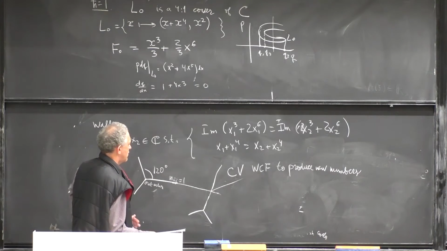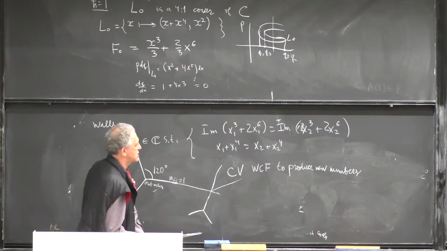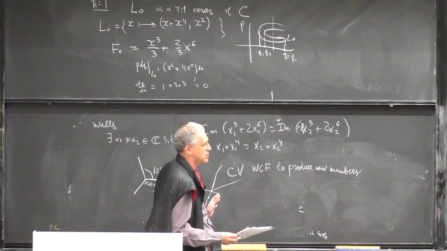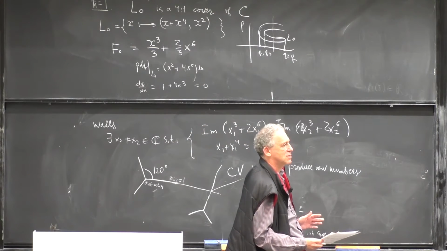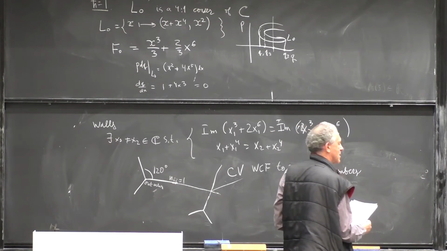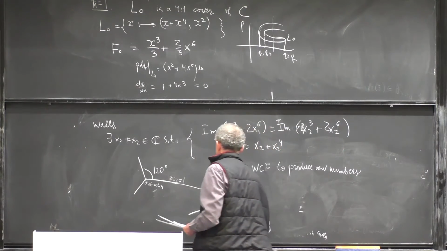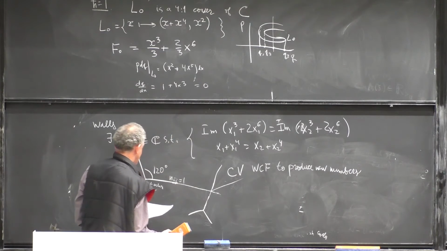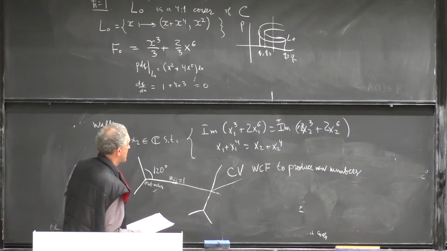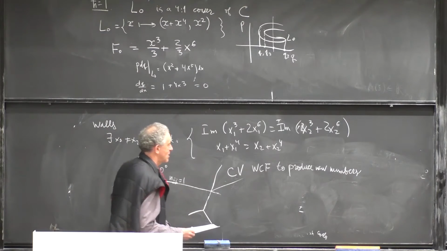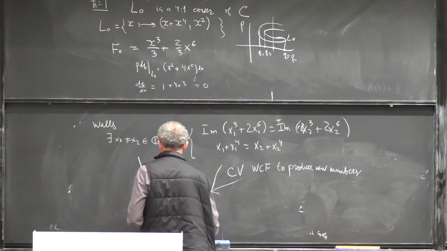And if our curve was compact, I think this would be it. This will give us a connection, the D module. But since it's non-compact, we need to take into account the behavior at infinity.